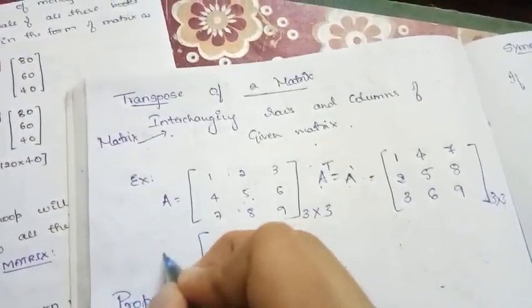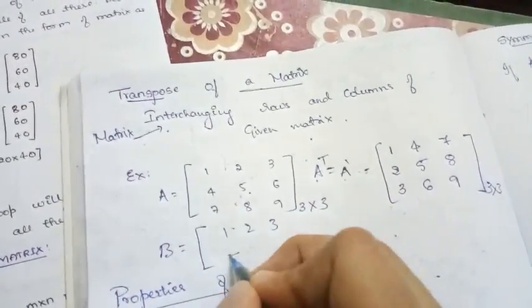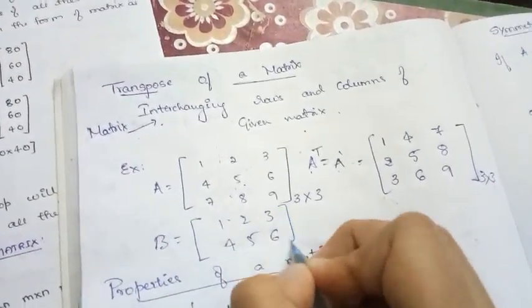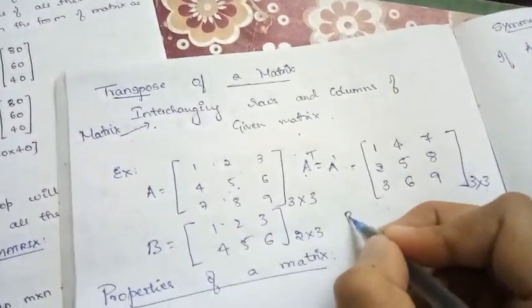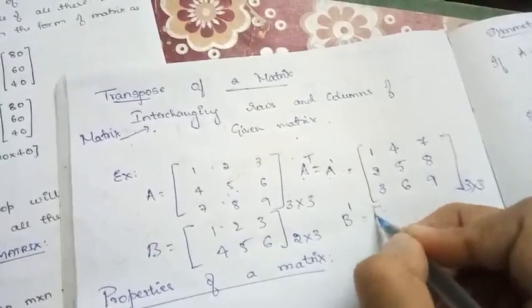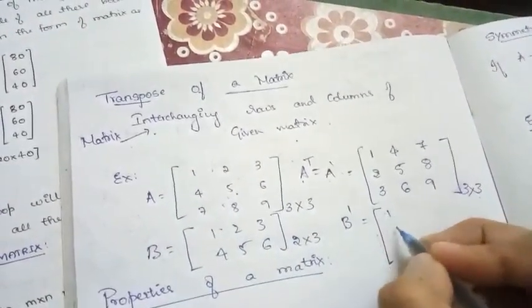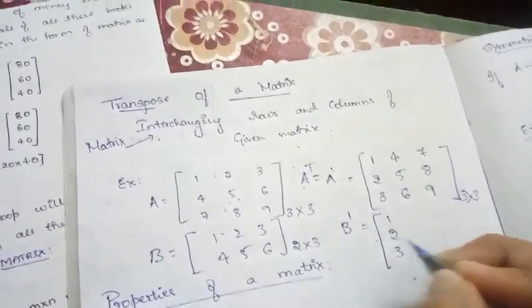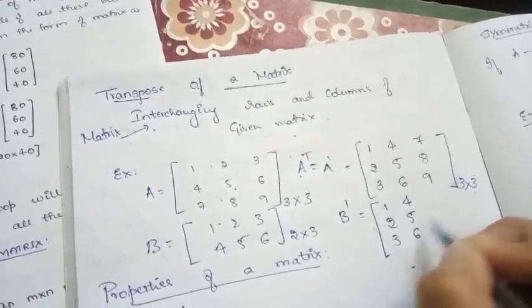Suppose I take a matrix B of the form 1 2 3, 4 5 6, which is of order 2 cross 3. Then the transpose of that one, B prime, is the first row 1 2 3 changed into our first column, and the second row changed into our second column.